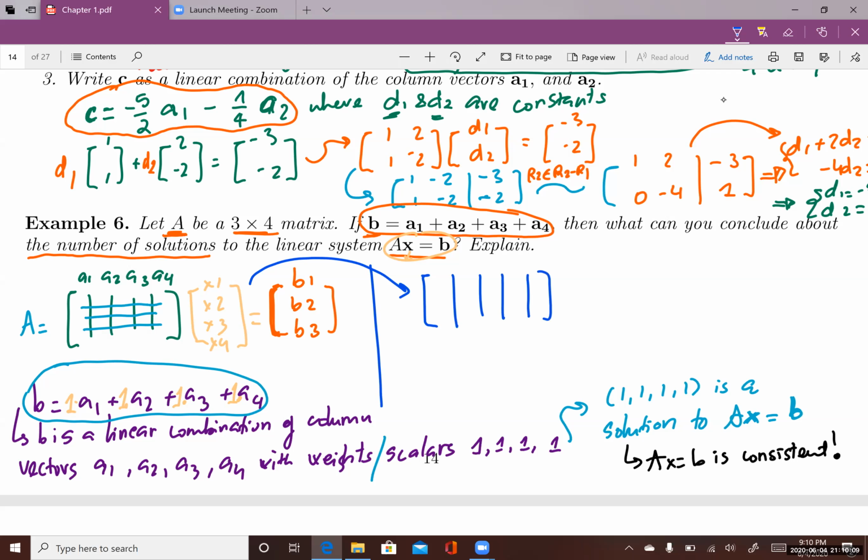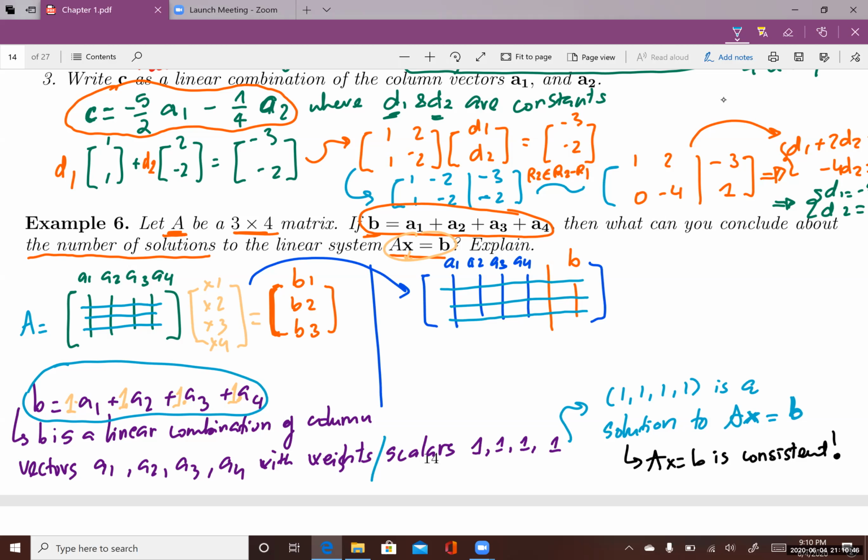And then I augment it with B. This is vector B. I have 3 rows, 1 row, 2 rows, and 3 rows.